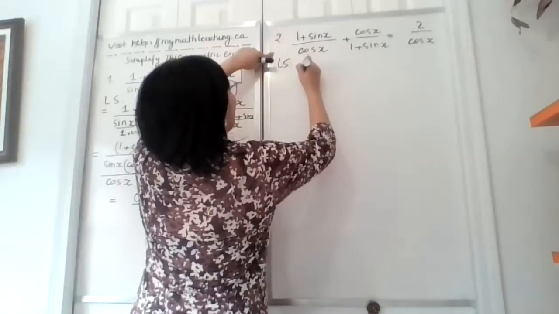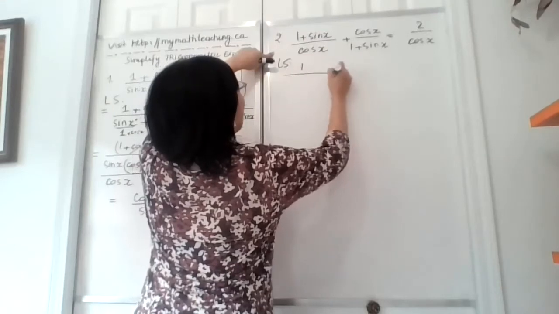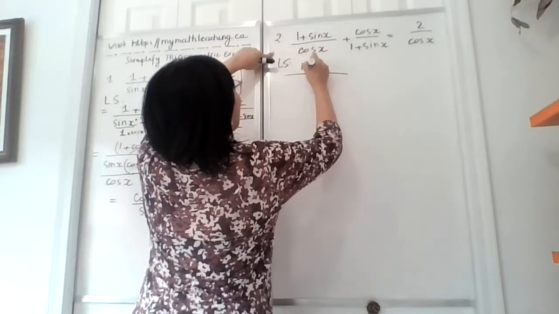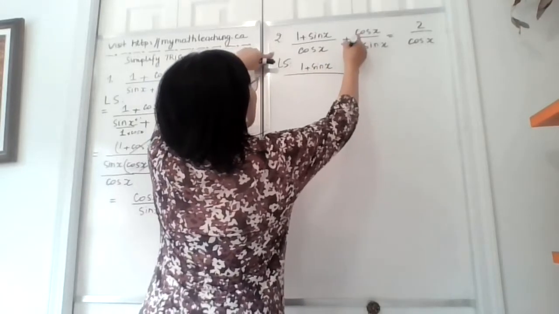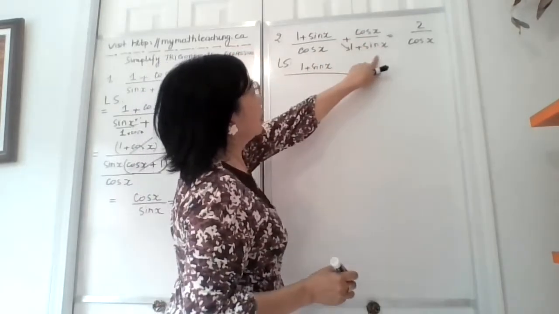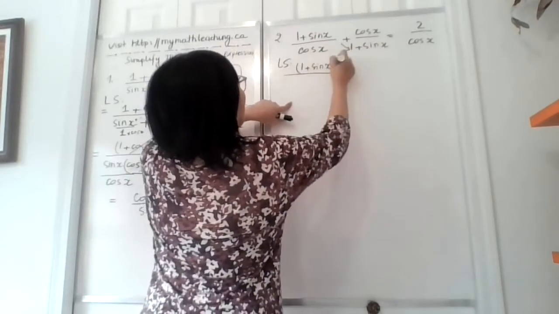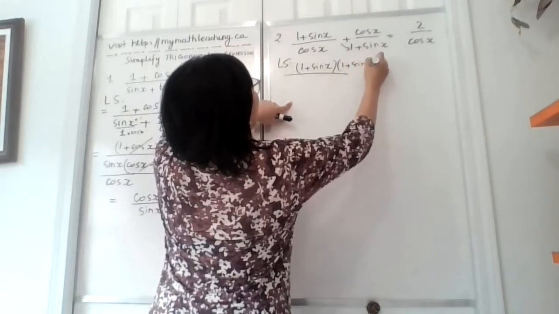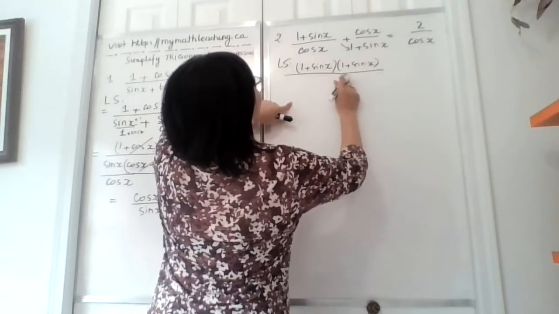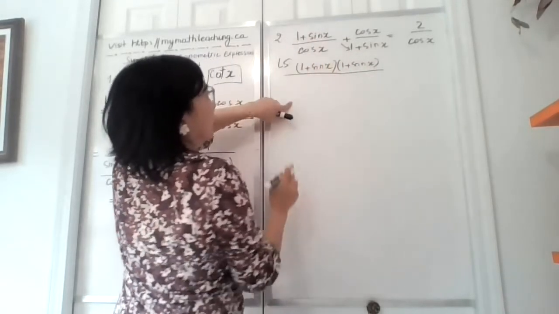When I do the common denominator, the top is 1 plus sine x. I have to times it with this one down here, which is 1 plus sine x as well. Right? That's the first fraction.